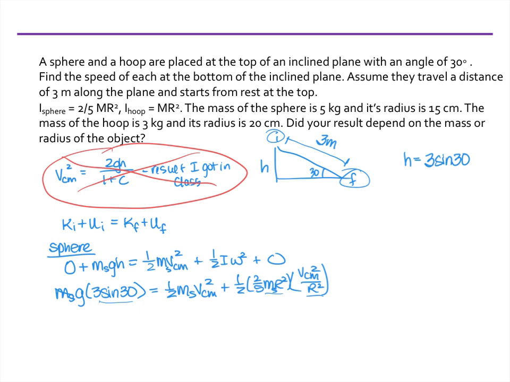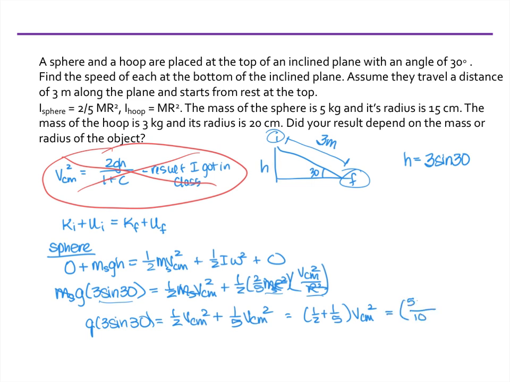Notice all the masses cancel out, the radius cancels out, and let's just write what I have left. All right, so what's 1/2 and 1/5? Common denominator of 10, this is 5 and 2.